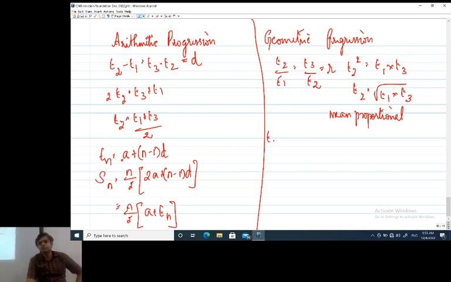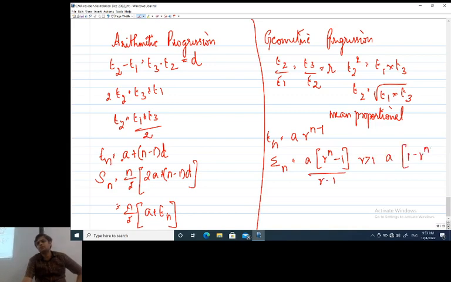So Tn is given by ar power n minus 1. Summation up to n terms is given by a into r power n minus 1 divided by r minus 1 if r is greater than 1, or a into 1 minus r power n divided by 1 minus r if r is lesser than 1. Unlike arithmetic progression, geometric progression very quickly reaches infinity.